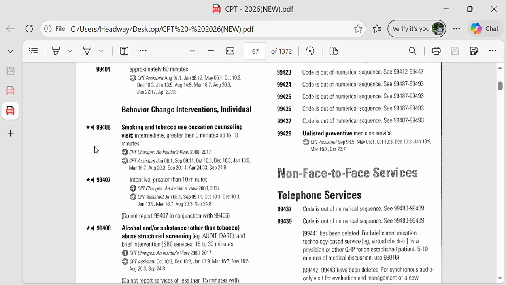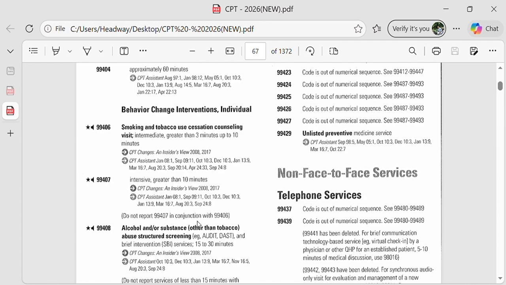Next coming to smoking and tobacco, this lasts about 3 to 10 minutes. If more than 10 minutes of counseling is there, you can just use the 99407 code. And when you are using 99407, you need not give the 99406, because it is specifically telling that do not report 99407 in conjunction with 99406.